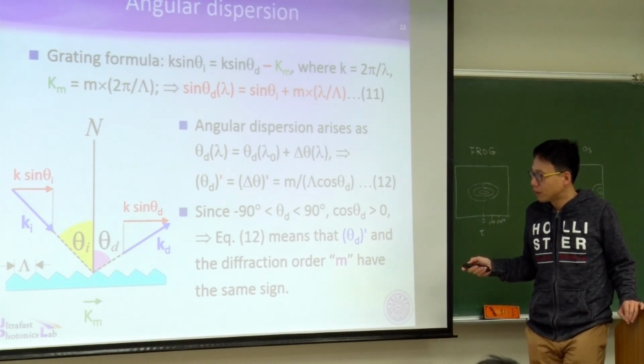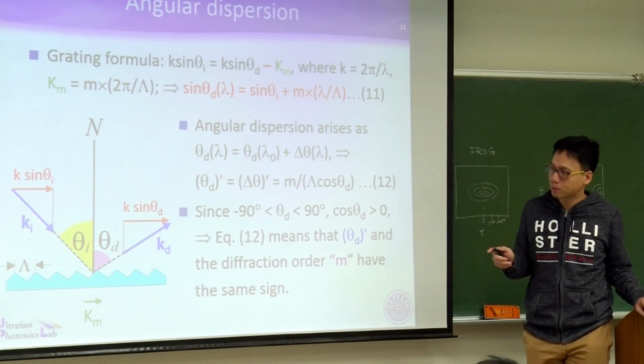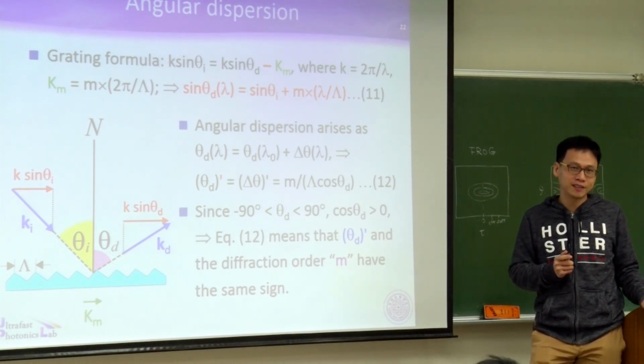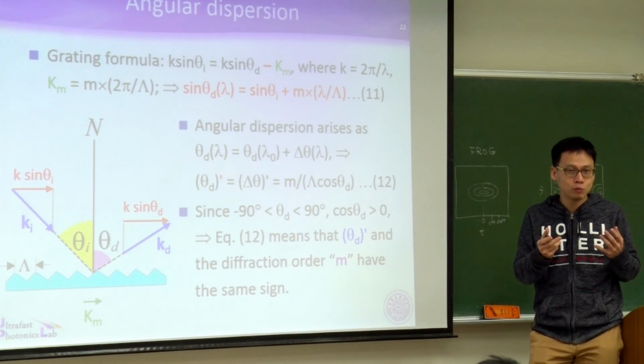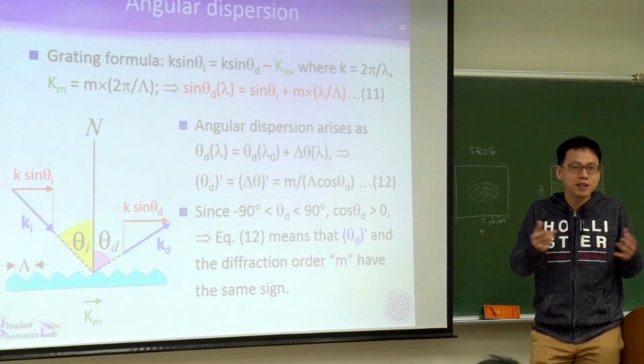Which n will be used depends on the design of the grating. Sometimes it's designed for n equals 1 or n equals -2.